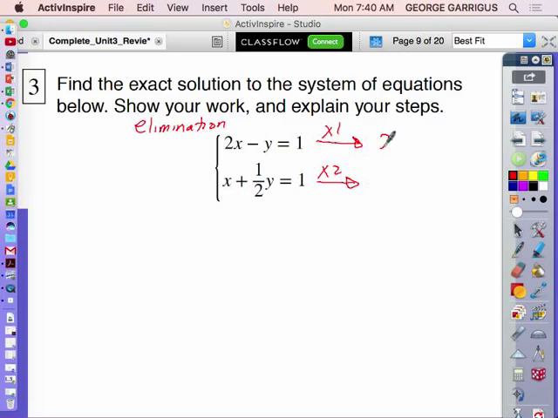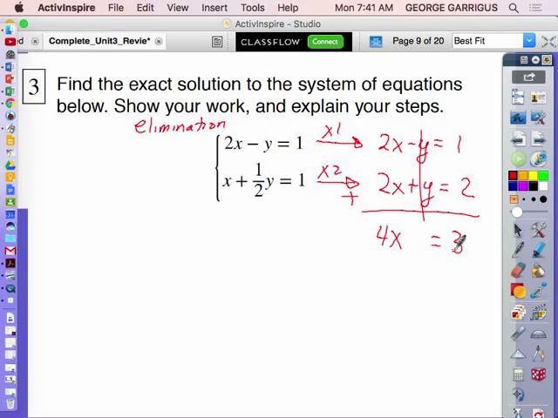I get 2x minus y equals 1 and 2x plus y equals 2. When I add these together, I can eliminate the y's, and I have 4x equals 3. If I divide by 4, I get x equals 3/4.